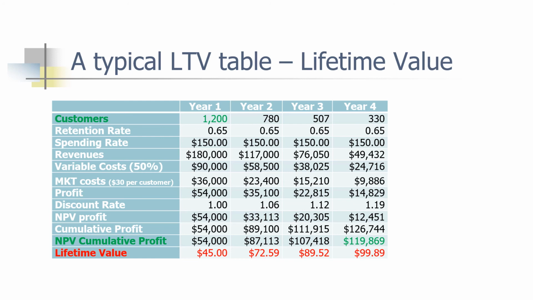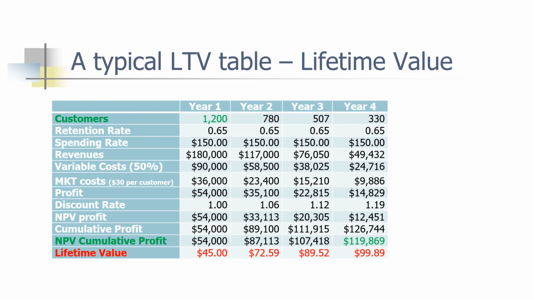So in 4 years, these 1,200 customers have generated $126,744 in profits, but the net present value of those cumulative profits is $119,869. So if I take $119,869 and divide it by the starting number of customers, notice that's the green 1,200 at the top, the number is $99.89.